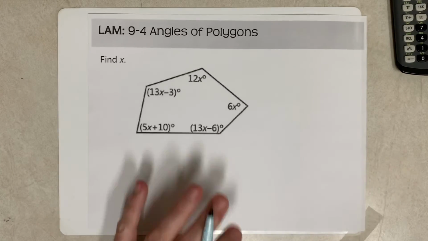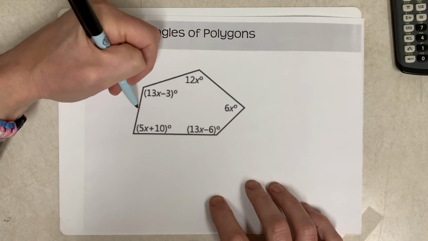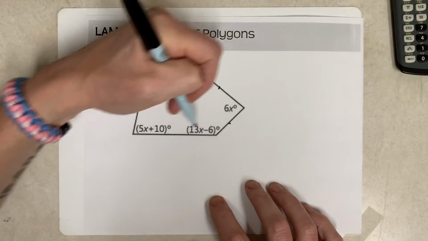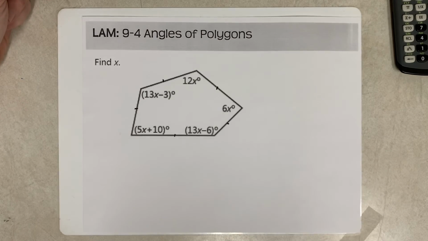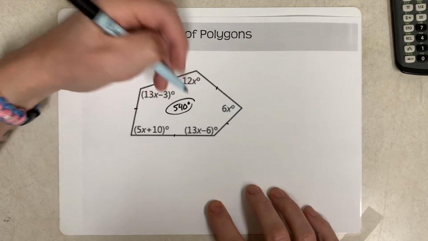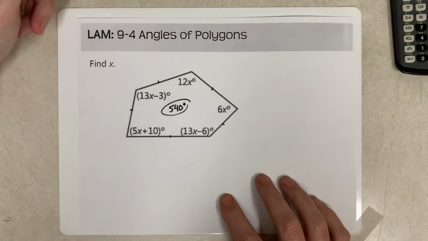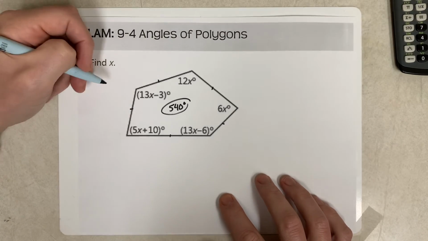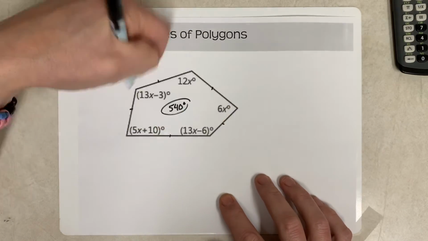And our last one, we have 1, 2, 3, 4, 5 sides. And so for 5 sides, we already encountered that one. That was 540, if you remember. And so for this one, we're going to go ahead and add them all up. Let's start with, and it doesn't matter which one you start with, just work your way around the figure.